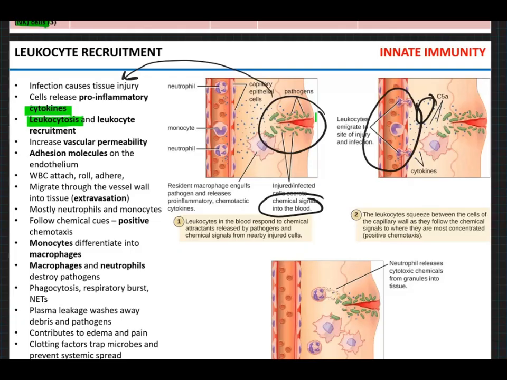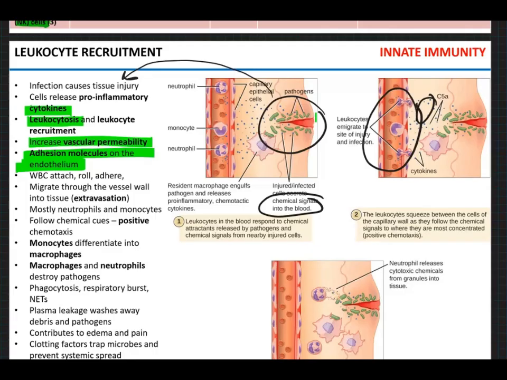That happens due to two things. First, inflammation increases the expression of adhesion molecules, and they serve as a sort of Velcro for white blood cells. And inflammation also increases vascular permeability, so it's easier for cells to crawl out. Here's what happens.